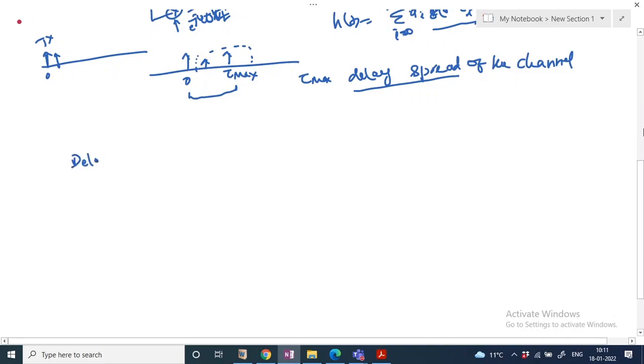Delay spread results in ISI, inter-symbol interference.